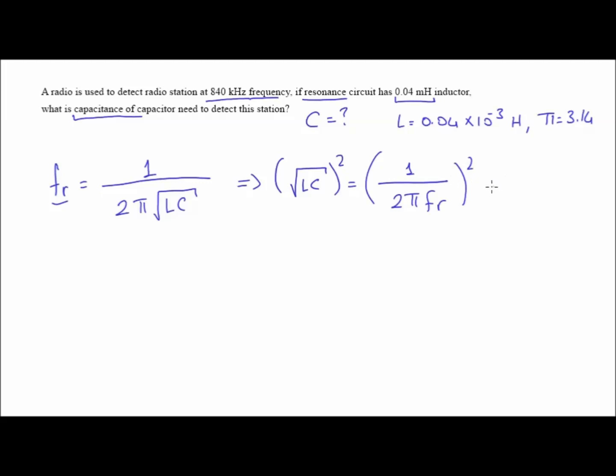It's going to be LC equal 1 over 2 pi FR squared, and C equal 1 over 2 pi FR squared times L.